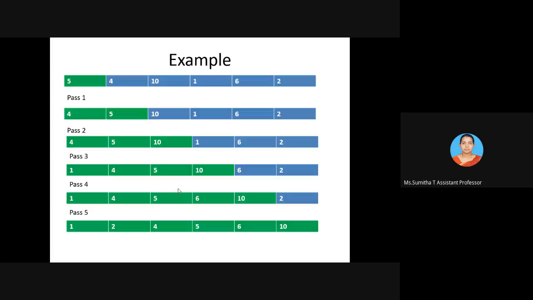If the list has 6 elements, we go with 5 passes. See here, first assume that the first element, the 5, is sorted, and compare with the 4. I need to pick one element from the remaining unsorted elements, that is 4.